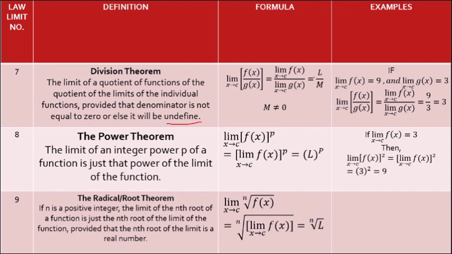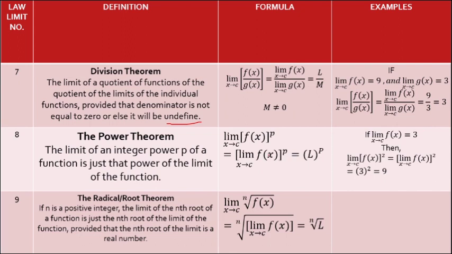If L is equal to 0, the result will be 0, but if M is equal to 0, it will be undefined. So if the limit of f(x) is 9 and the limit of g(x) is equal to 3, then 9 divided by 3 is equal to 3. It can be a fraction if the result is really fractional, and since 9 is divisible by 3, you got the exact number.